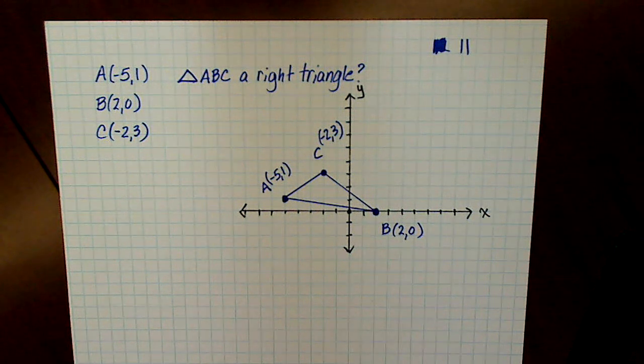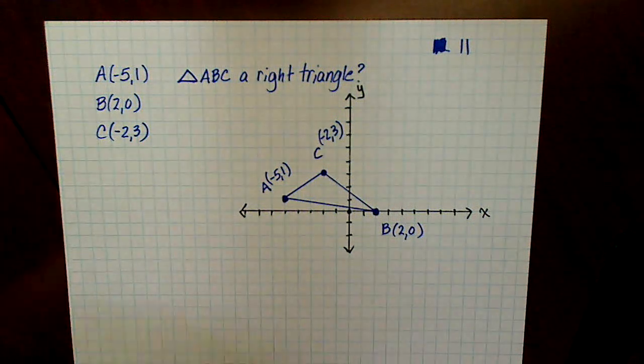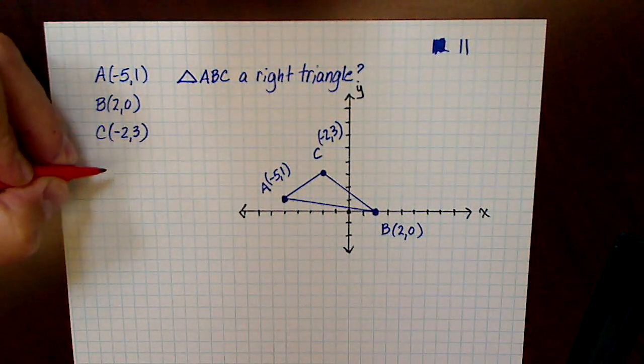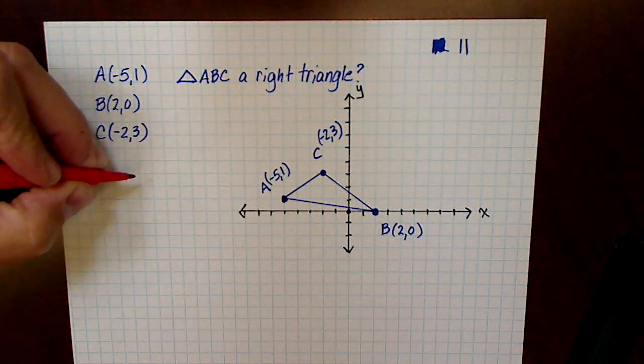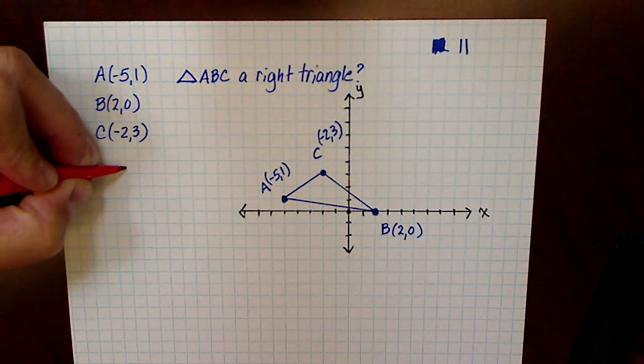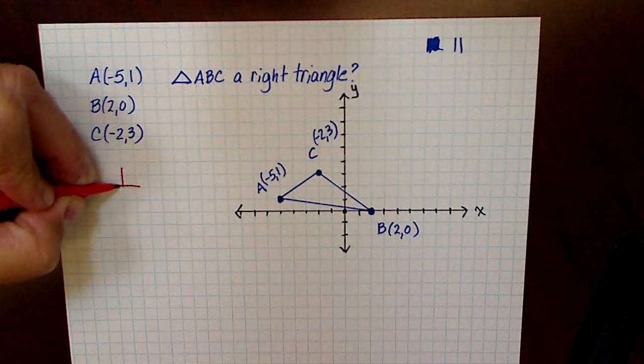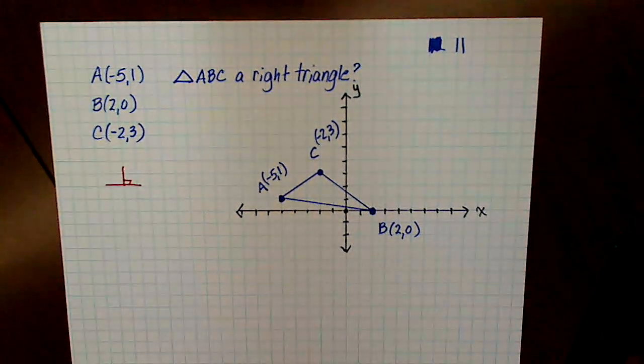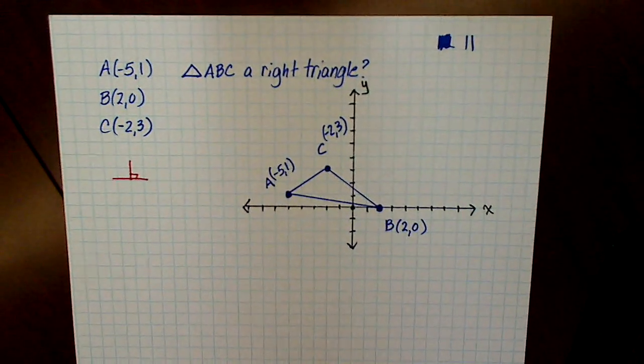So what I can do to justify this is to try to come up with a solution. Remember, a right triangle means that 2 lines cross in a perpendicular fashion.